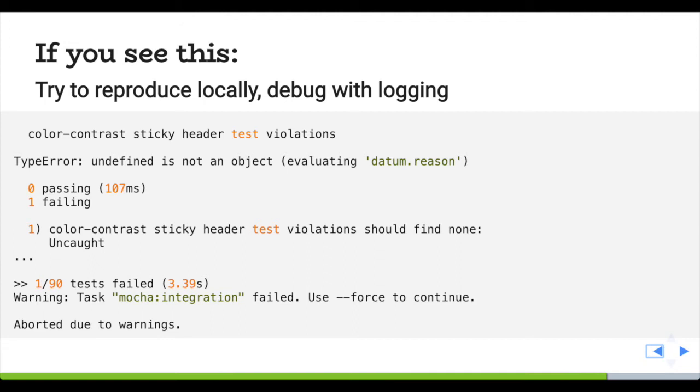It was trying to evaluate whether your color contrast was passing or failing. And further down in the failing test, it says uncaught. So there's an uncaught exception in the code, but only on CI. It wasn't happening locally. So how do you get around that? That was kind of a tricky one.